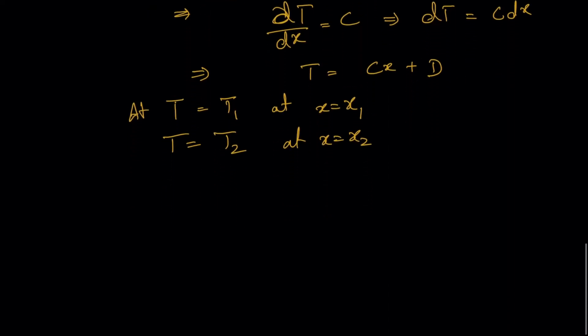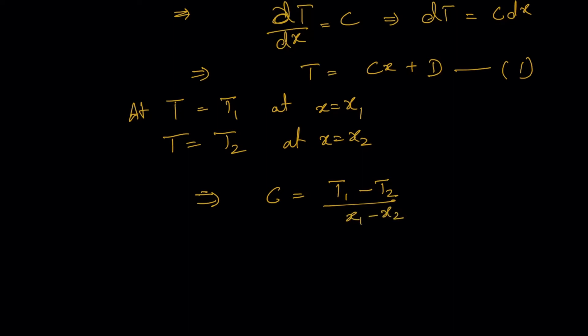If you put these two conditions in the above equation 1, you will get the C value as T1 minus T2 divided by x1 minus x2. And the D value you will get as x2 into T1 minus x1 into T2, divided by x2 minus x1. You can solve this, right? You will get the C and D values.